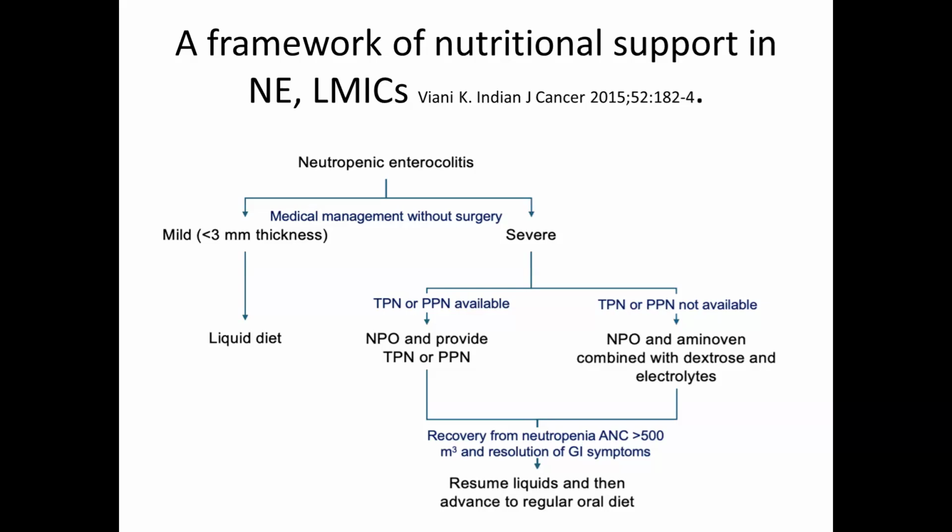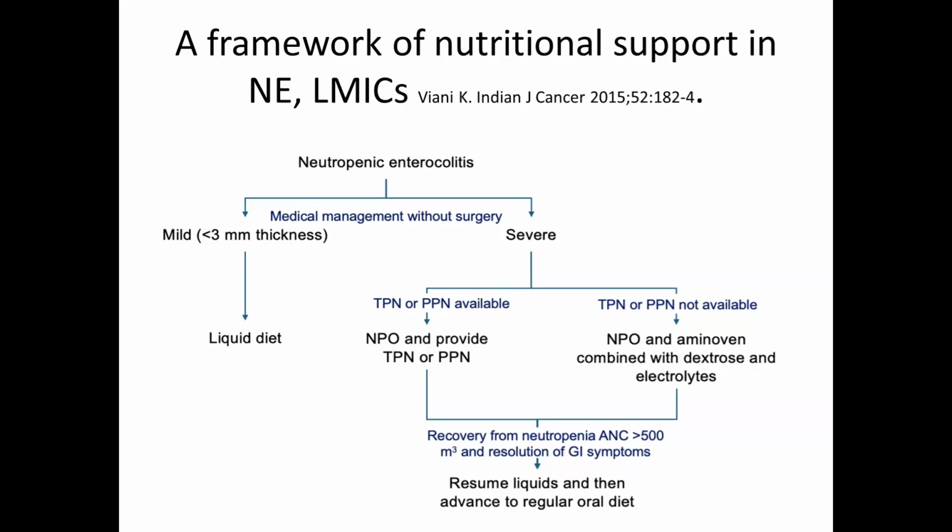So this, we don't have the luxury for TPN, and the challenge is what to give. So what do you give when you have a child who has a gut thickening of about 8 millimeters, vomiting, critically sick, and is losing weight more than 5%, or is crossing 2 percentiles and developing severe acute malnutrition.